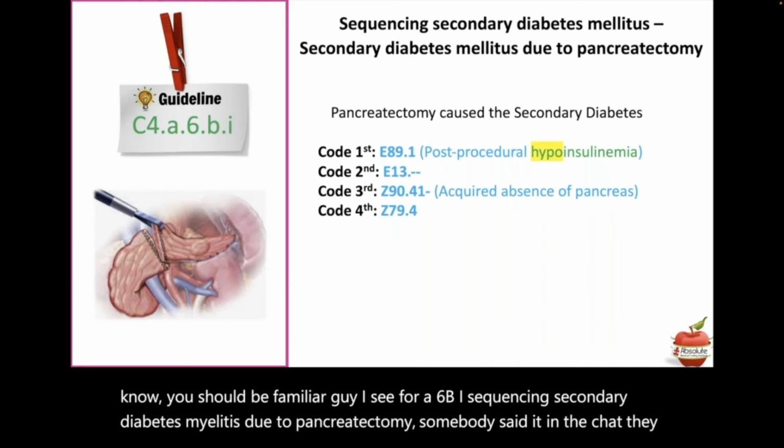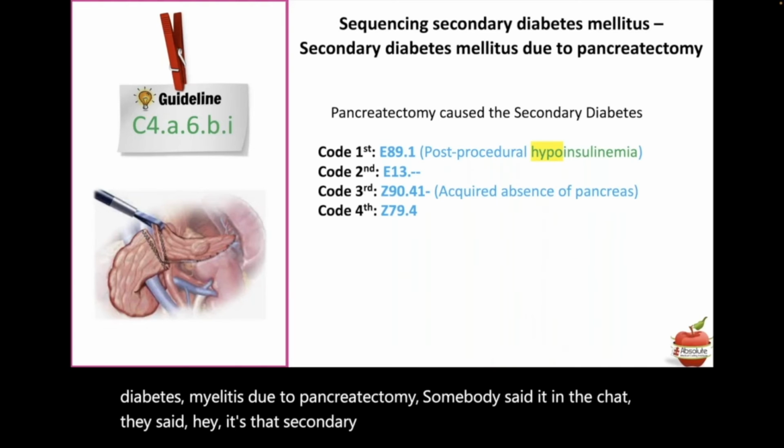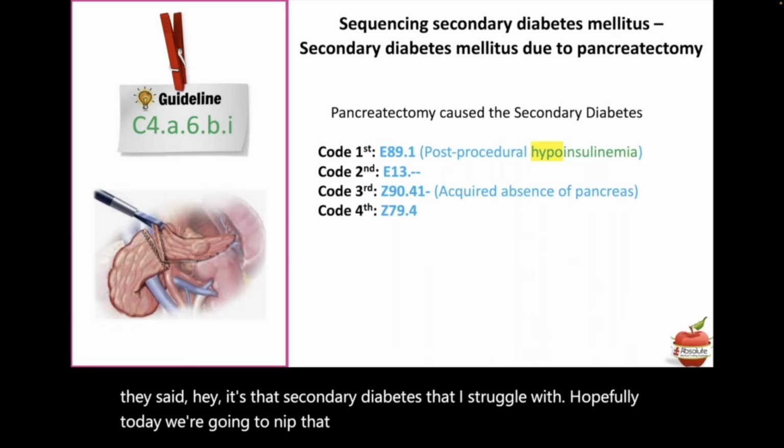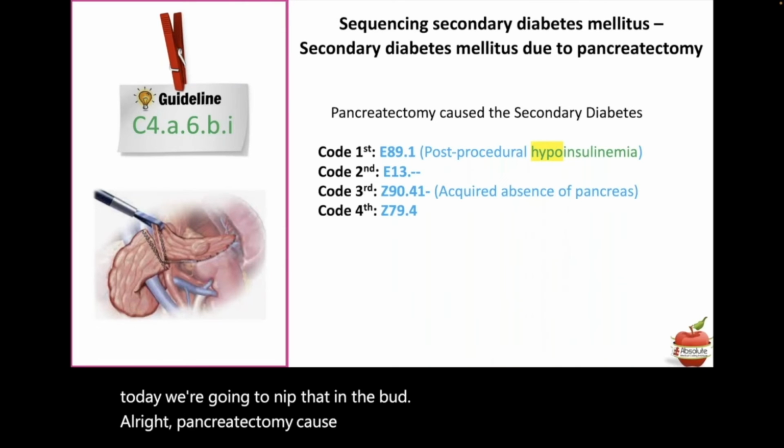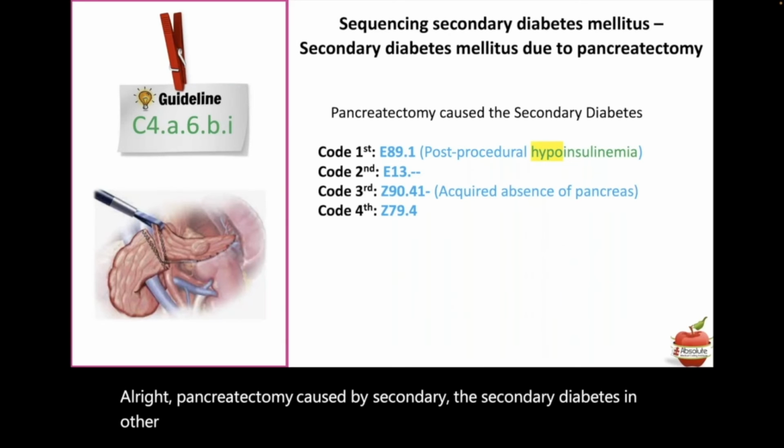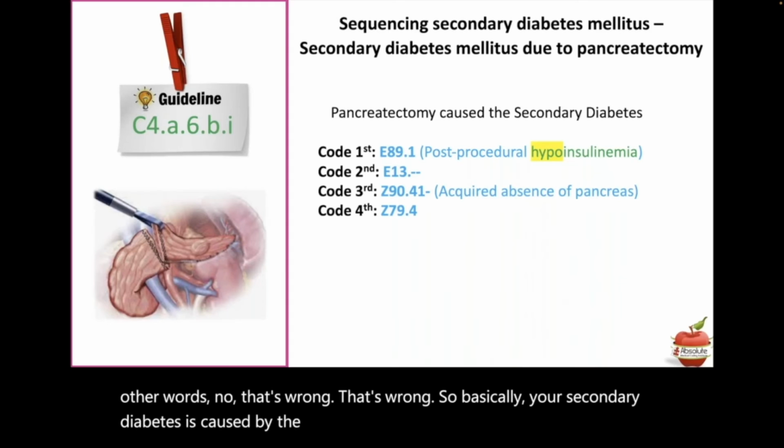They said, hey, it's that secondary diabetes that I struggle with. Hopefully today we're going to nip that in the bud. All right, pancreatectomy caused by the secondary diabetes. In other words, no, that's wrong. So basically, your secondary diabetes is caused by the pancreatectomy. Let's fix that.